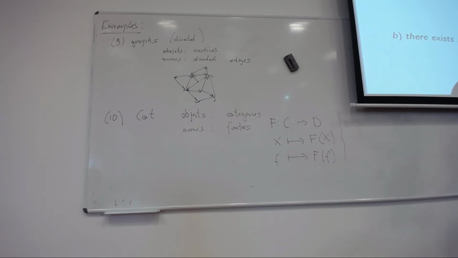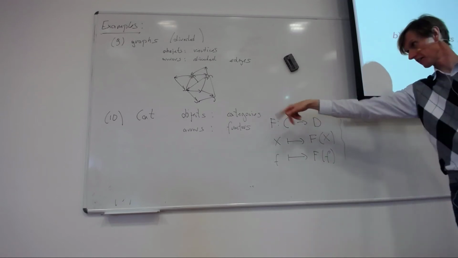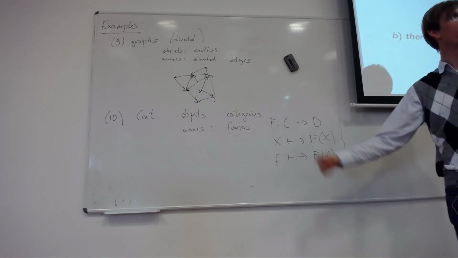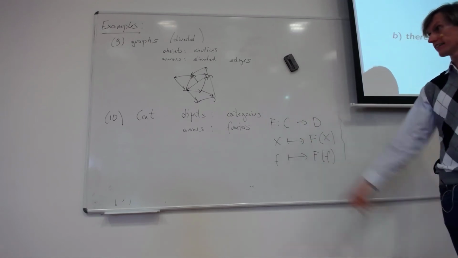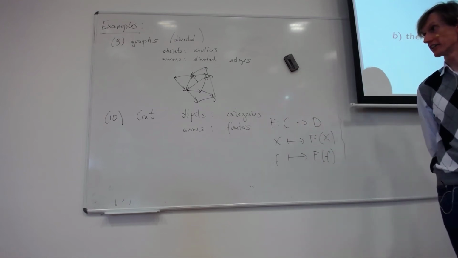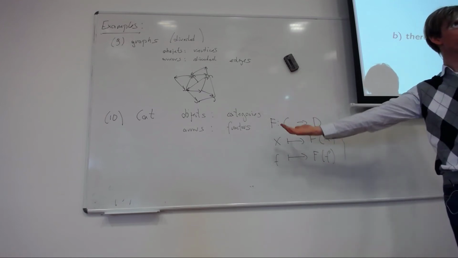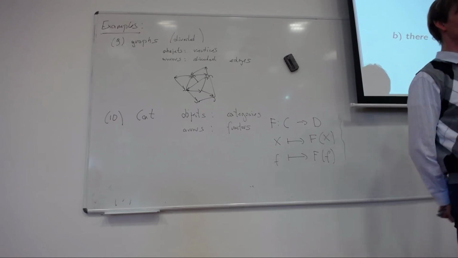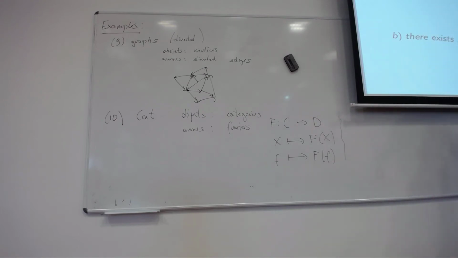So you can build new categories from already existing categories, and consider functors between categories as arrows in this new category. And with this concept, at this level of generality, you can define pretty much everything if you just adjust your language carefully.